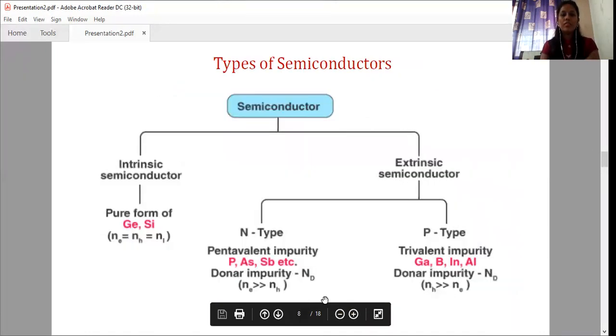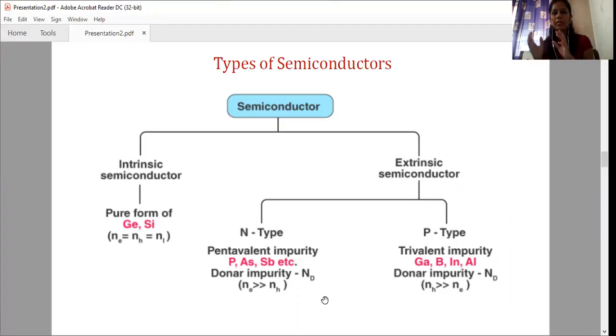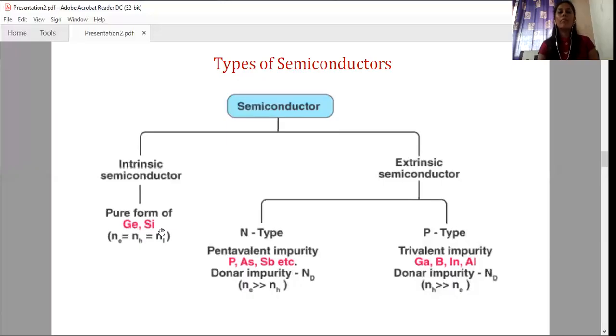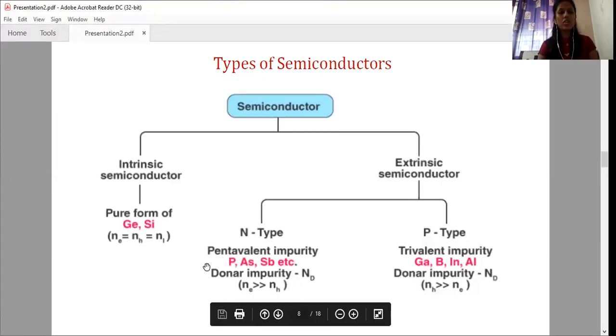So here are the types of semiconductor. A semiconductor has two main types: intrinsic semiconductor and extrinsic semiconductor. The intrinsic semiconductor is the pure form of semiconductor. I have already told you that examples are germanium and silicon.